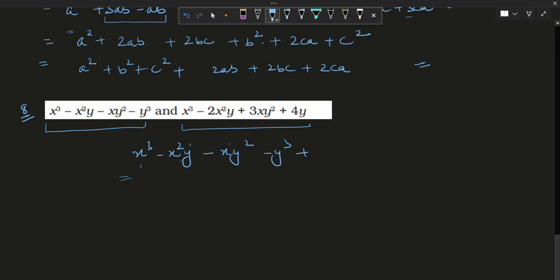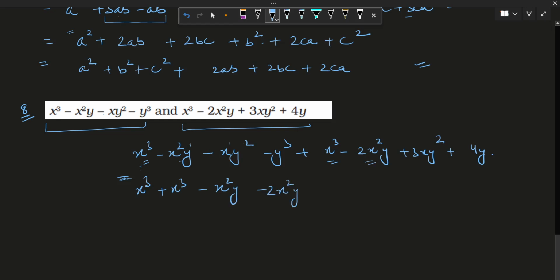Now let's do the addition part. 2x square y plus 3xy square plus 4y. Now I have the like terms here. x cube with x cube, there is one more, I have taken these two. Then x square y, minus x square y, with this, there is minus 2x square y. Then xy square, you have this plus 3xy square.